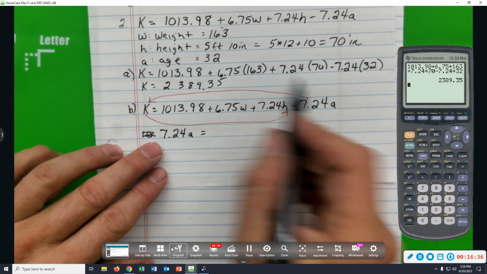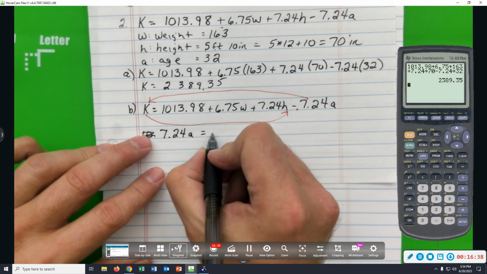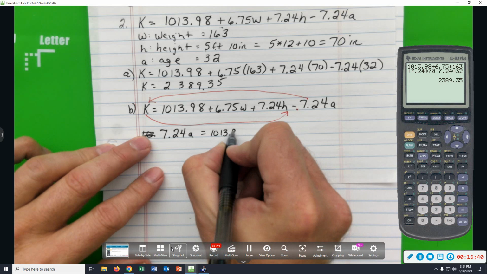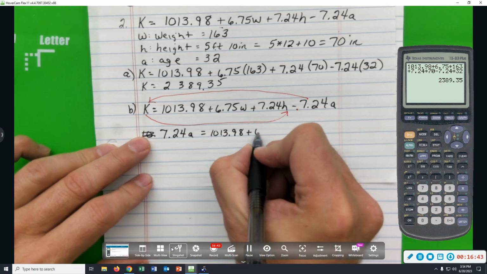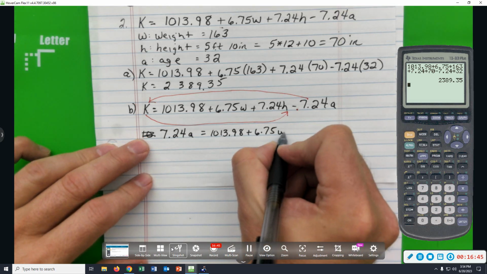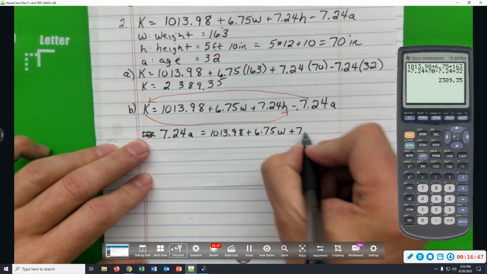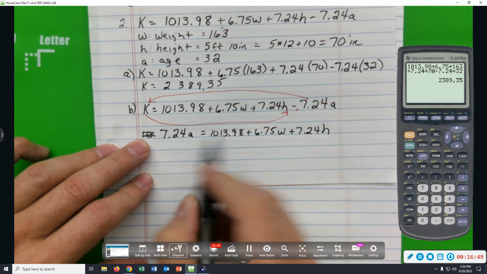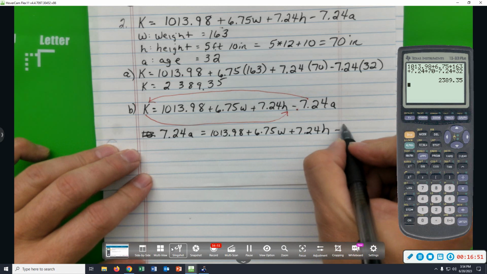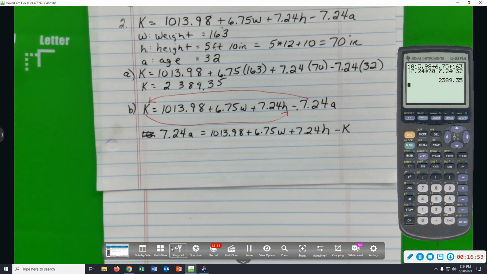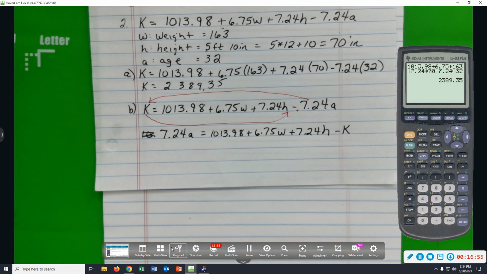So we have 7.24a equals 1013.98 plus 6.75W plus 7.24H, and then a minus K. And what do we need to do now to get the a by itself?